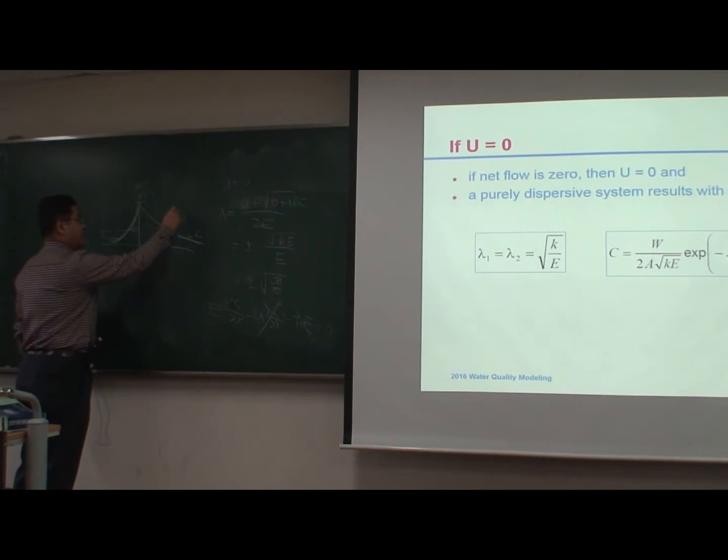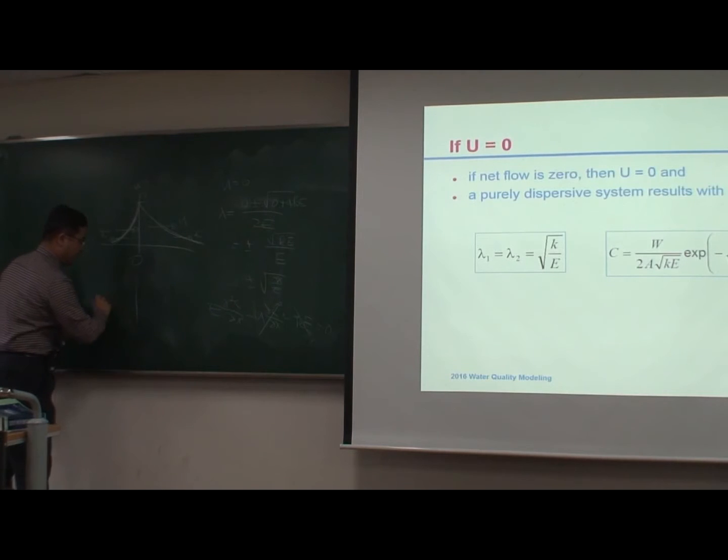That's because of u. If u is 0, then you will have the same dispersion there. Then you must have a very nice looking symmetric shape of the curve.